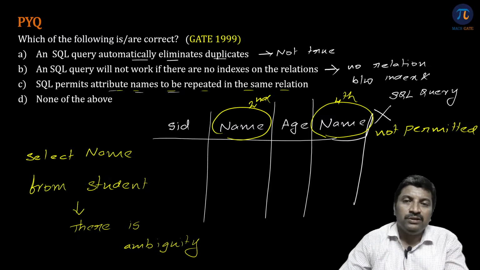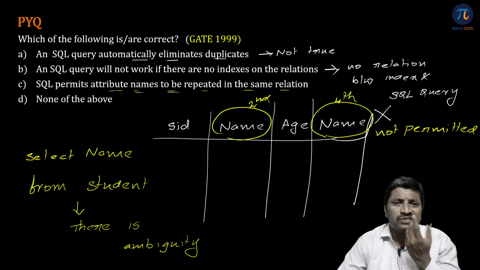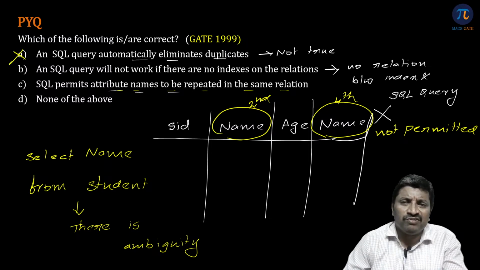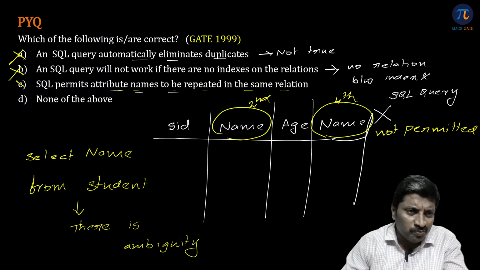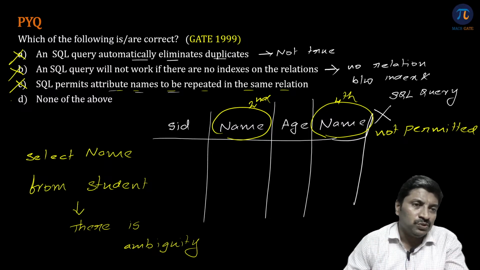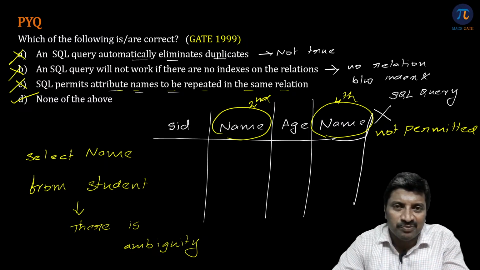Hope you understood it. So, which of the following is correct? The first one is not true. SQL will not work, it will work, sir. SQL permits attribute names to be repeated, it doesn't permit. So the first three statements are not correct, and the one and only option is D: none of the given statements is correct.